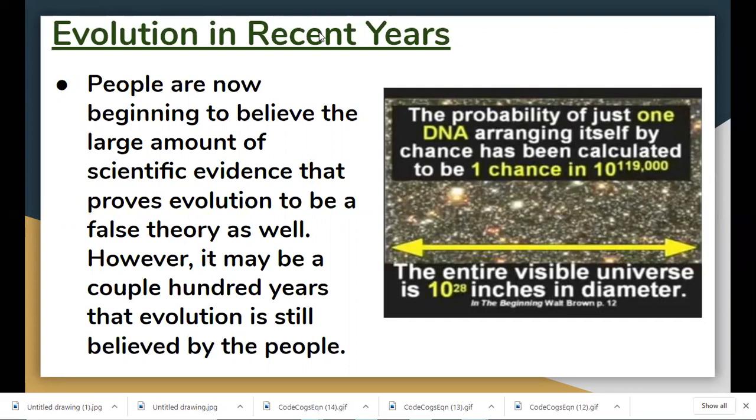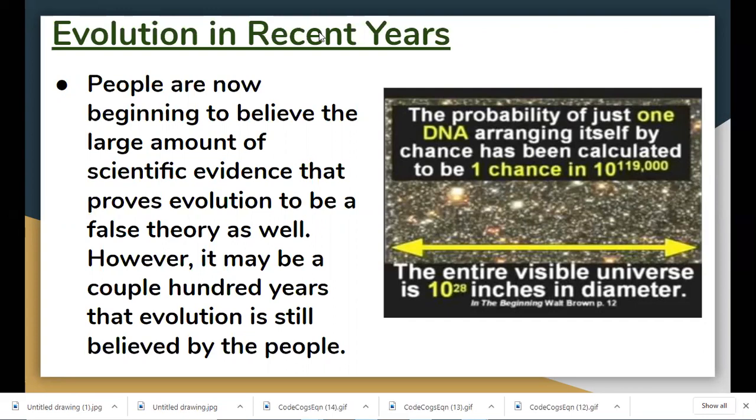However, it may be a couple hundred years that evolution is still believed by the people. And there's a little quote there. The probability of just one DNA arranging itself by chance has been calculated to be 1 chance in 10 to the power of 119,000. So that's like 10 with 119,000 zeros after it.